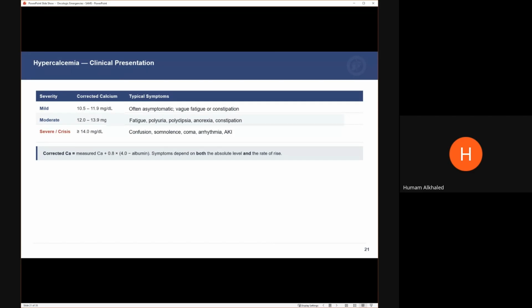That's when we start seeing some symptoms in these patients, like headaches. Severe, or a crisis, is when corrected calcium is over 14. These patients come in with confusion, comas, arrhythmias, and kidney failure, and this is something we see commonly, especially in multiple myeloma patients. This is the formula for corrected calcium. It's pretty easy to use, but we always want to correct the calcium, or you can get an ionized calcium, which is more accurate.